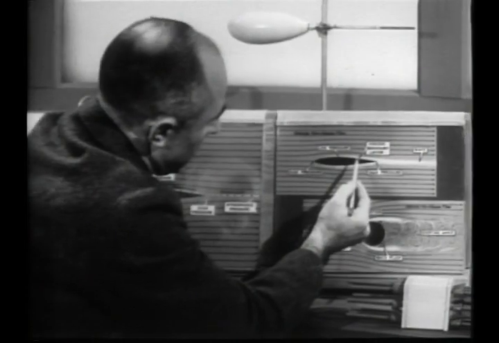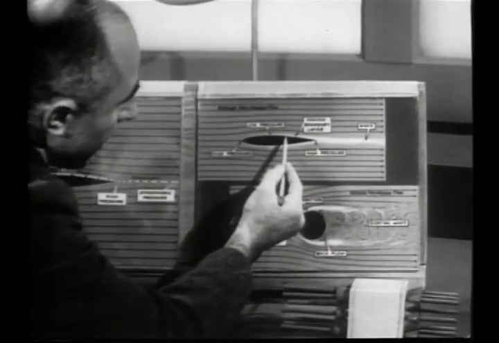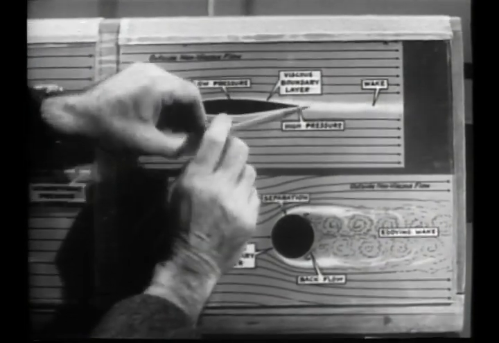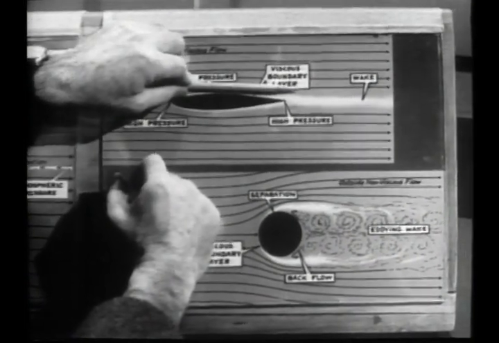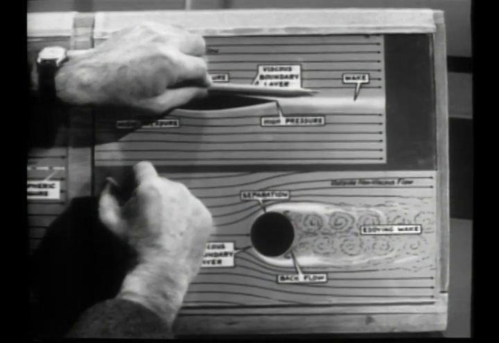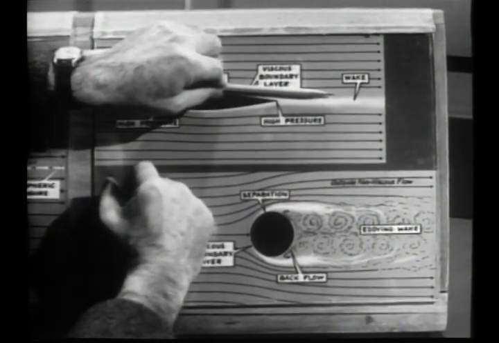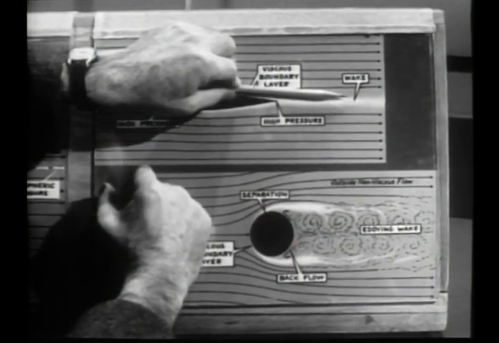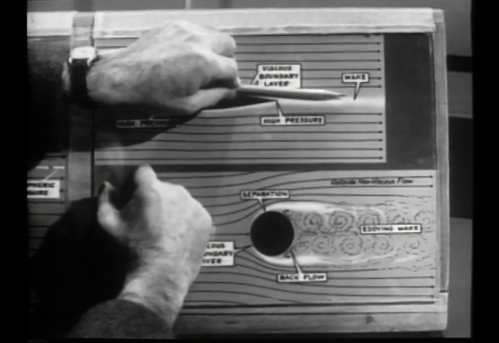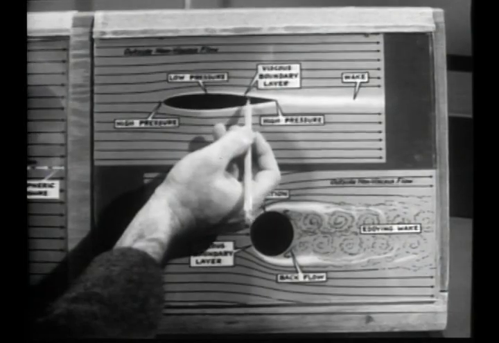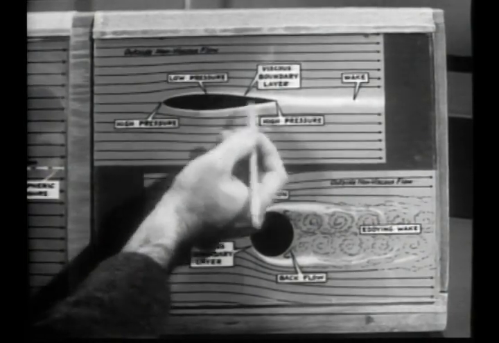Let's remember that precisely because the boundary layer is moving much more slowly than the external flow, the faster moving outside fluid exerts a viscous force on the boundary layer, which actually assists the boundary layer to continue in the downstream direction. It is then a question of whether this assisting force is sufficiently large to counterbalance the combined opposing forces due to friction at the wall and to the increase of pressure.